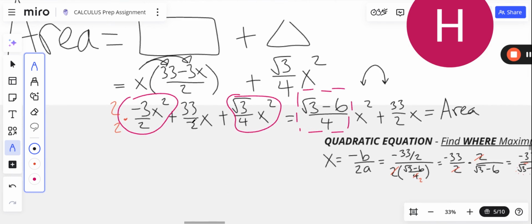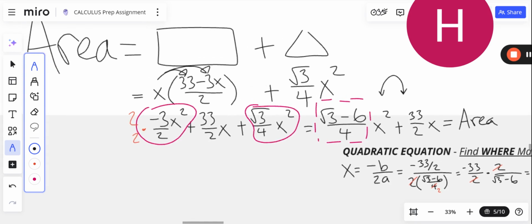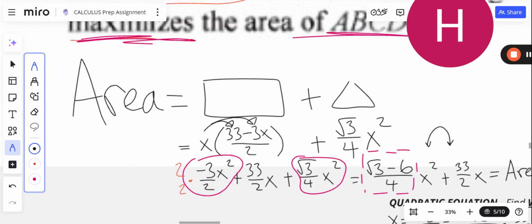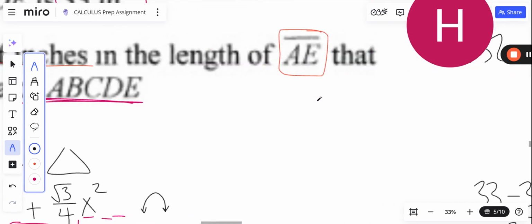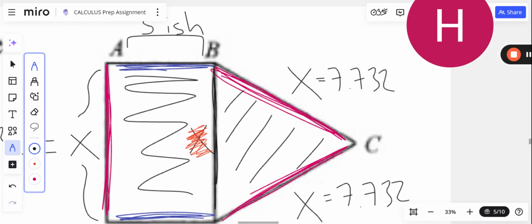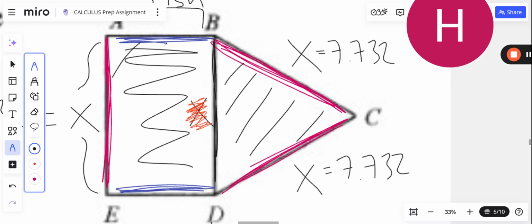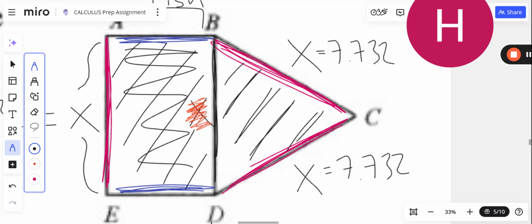The key in this problem is being able to represent the area desired accurately. They want us to maximize this area, so you need to recognize two things. You need to recognize that this area is made up of two shapes, a composite, and they're each going to have their own formulas.